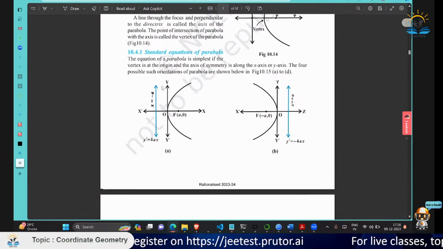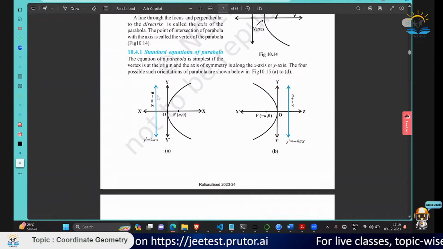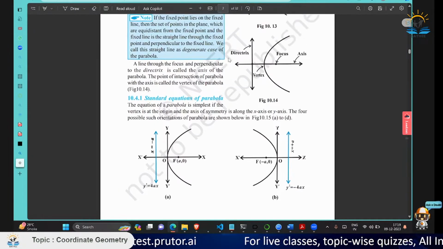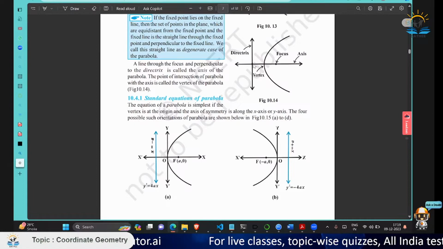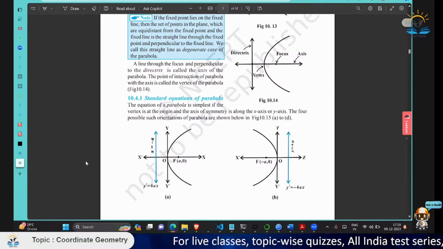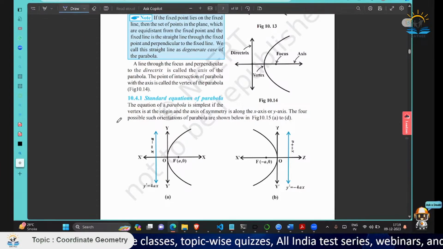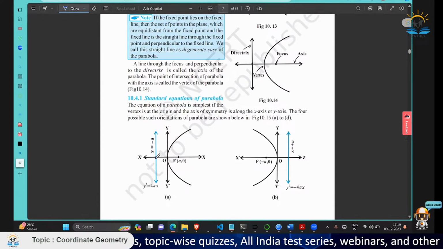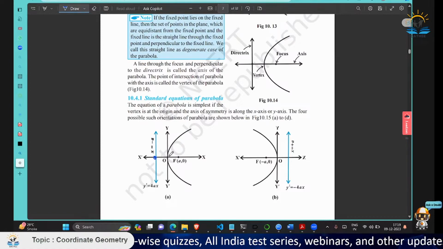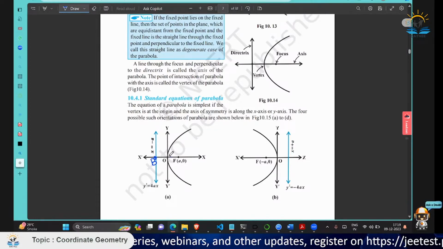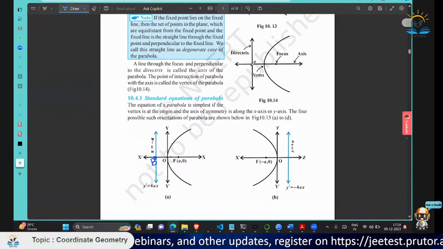And in this case, the directrix is x equal to minus a. If I remember well, this point is called the foot of the directrix. So this point, let me annotate it. Let's say it is B. Always remember that BO is equal to OF in all parabolas.